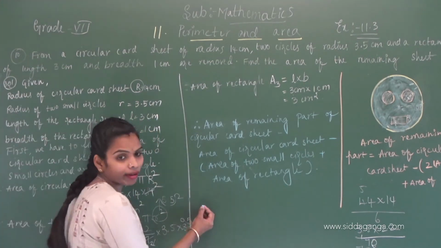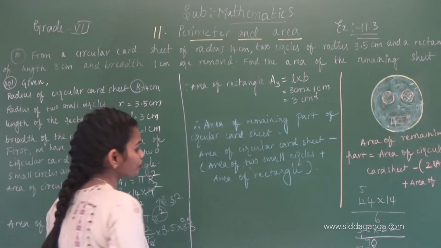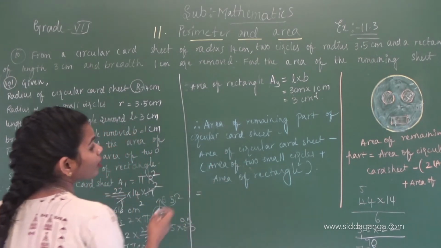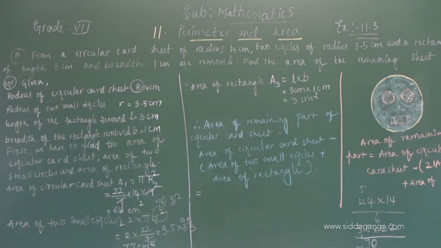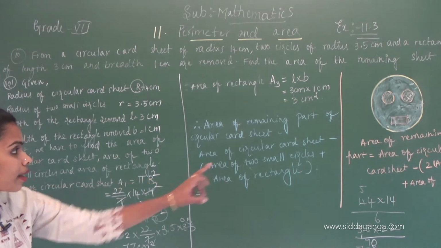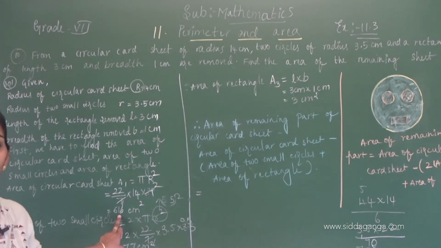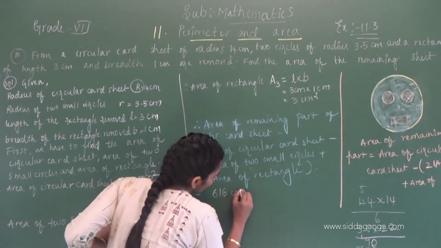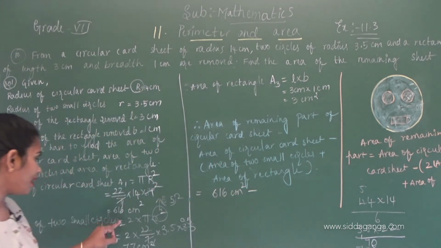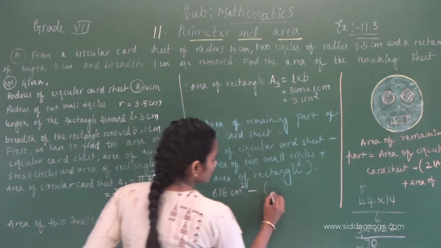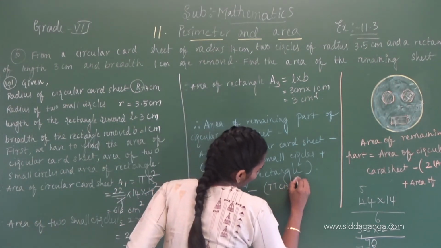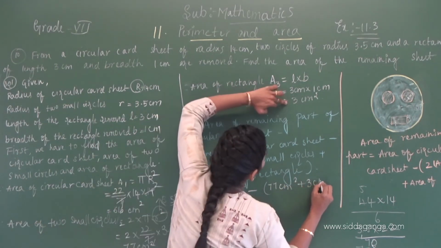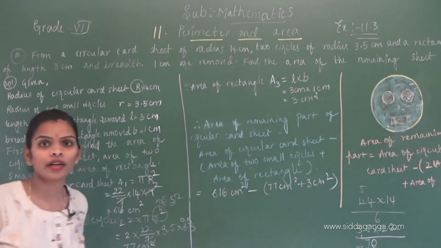Okay, what we have to do now? What is the circular card sheet area? 616 centimeter square minus 77 centimeter square plus 3 centimeter square. Correct, children?